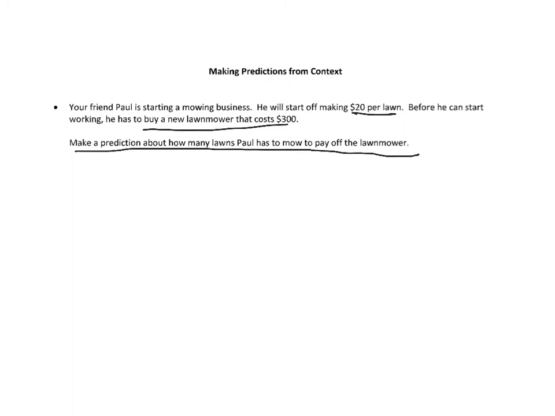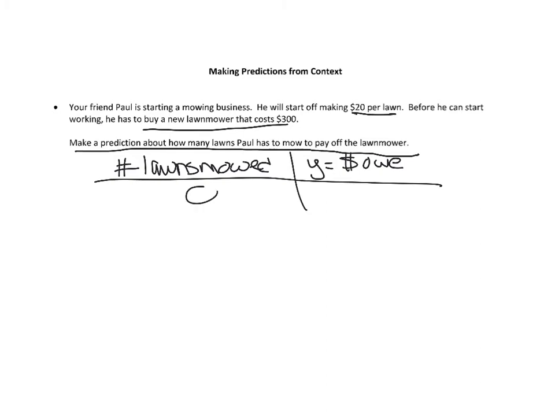All right, so we're going to say X is the number of lawns mowed, and Y is going to be the amount owed. So at 0 lawns mowed, he owes the $300 where he bought the lawnmower.